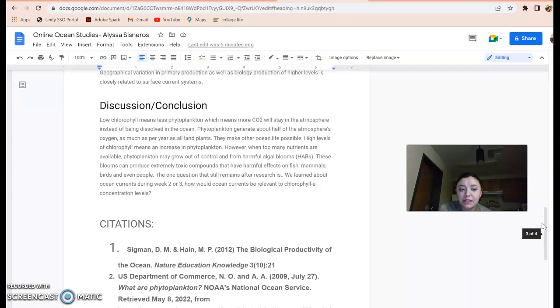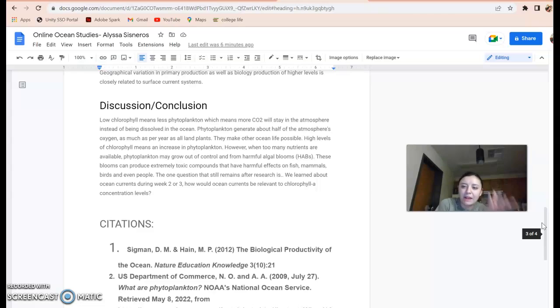These blooms can produce extremely toxic compounds that have harmful effects on fish, mammals, birds, and even people. So we have to have a happy medium here, as we can see.